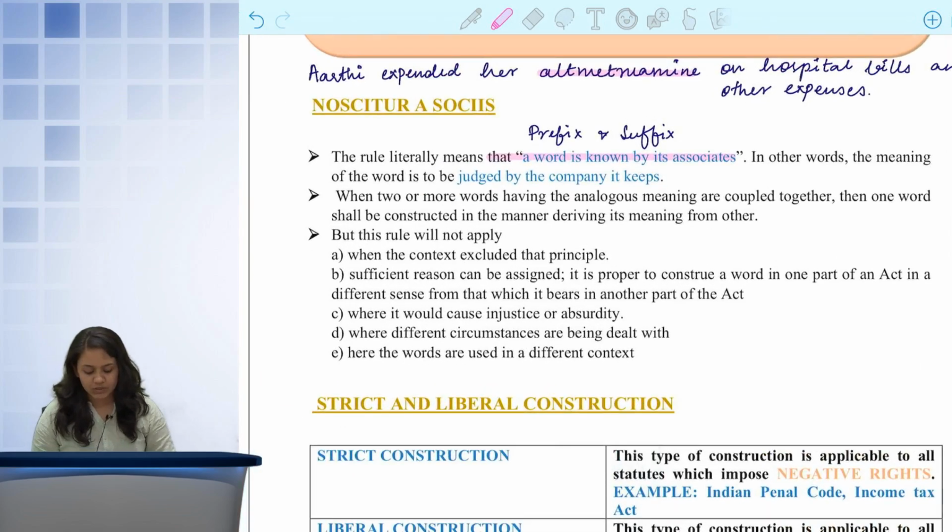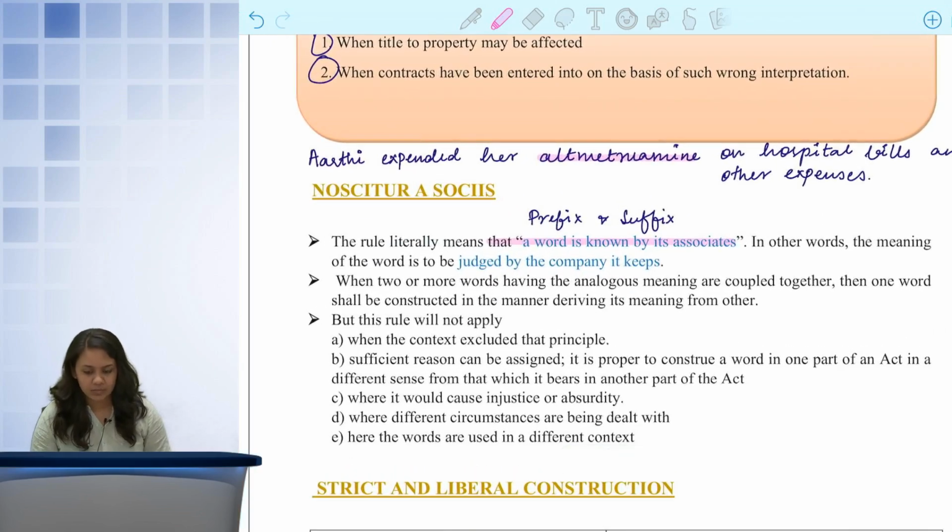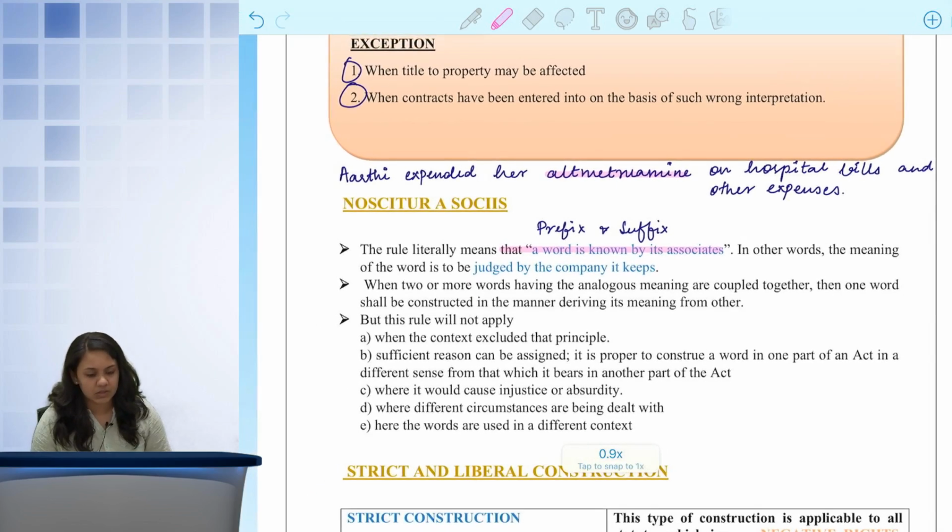But we still need to understand the meaning of this word, because sometimes some laws will have certain words which exist in the following manner. So then what can we understand from this particular sentence?